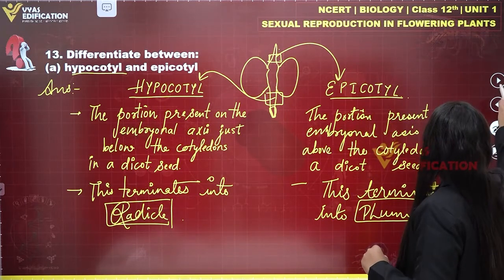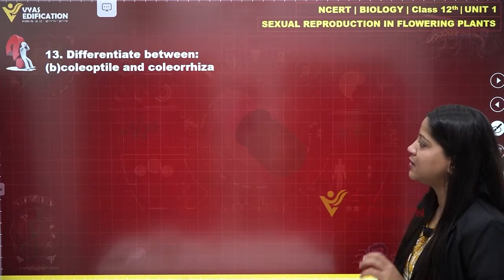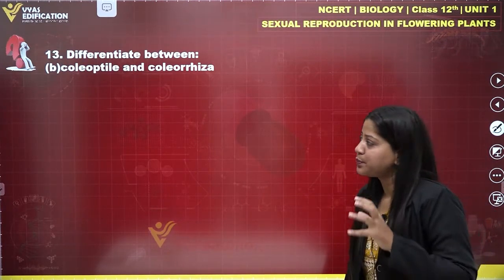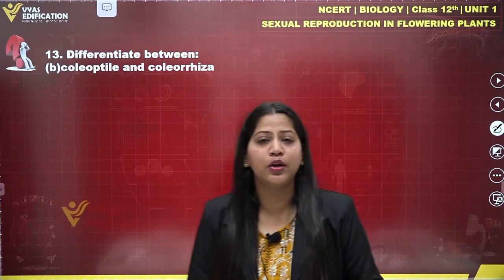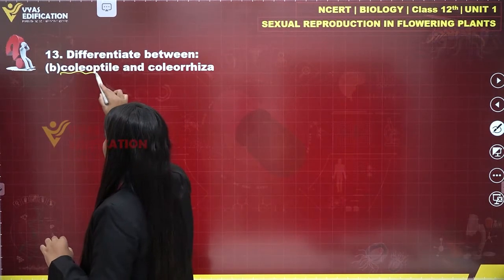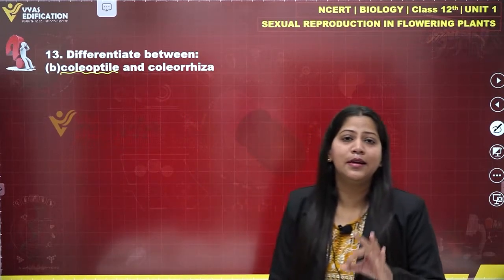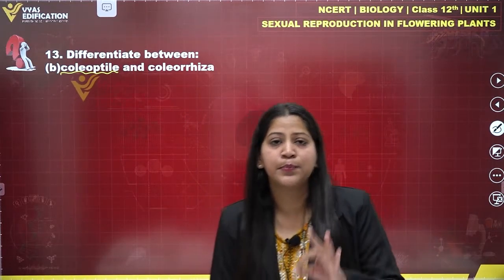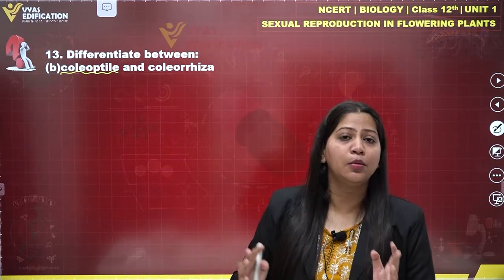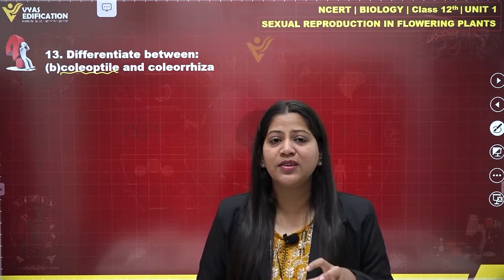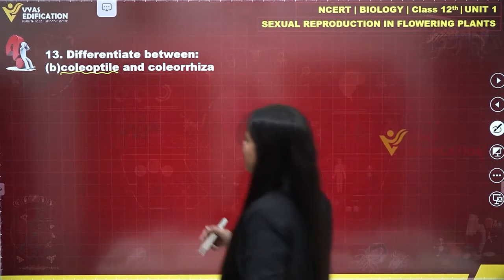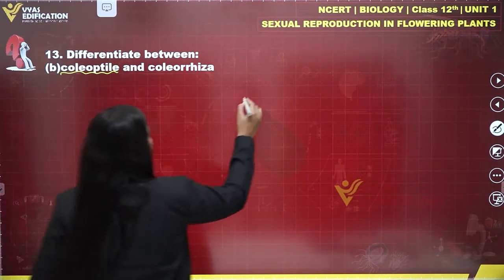Now let's move on to the second part of this question, that is differentiate between coleoptile and coleorrhiza. So what is the difference between coleoptile and coleorrhiza? If we talk about coleoptile, it is a conical protective sheath in case of a monocot or monocotyledon seed, which is enclosing the plumule part.